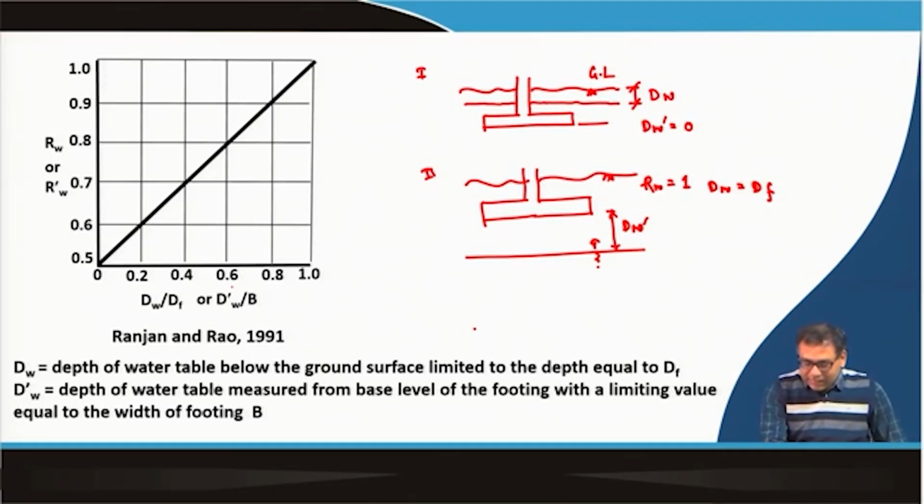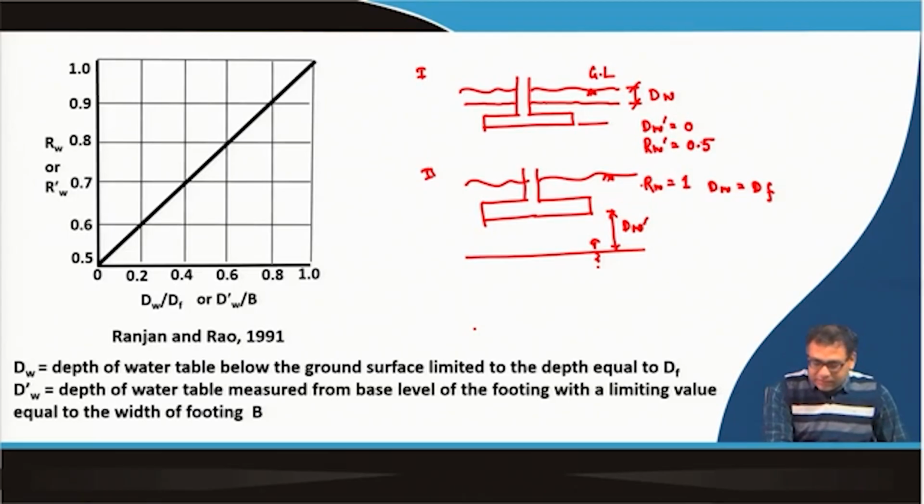In the second case Rw is always equal to 1, because Dw is equal to Df, so this value corresponds to a correction factor of 1. In the first case Rw dash is always 0.5, because the water table is above the base of the foundation.